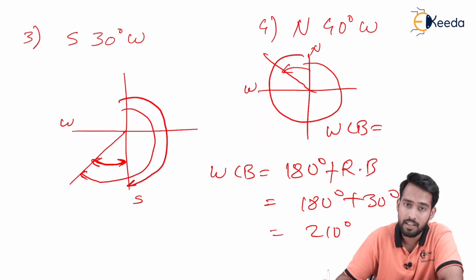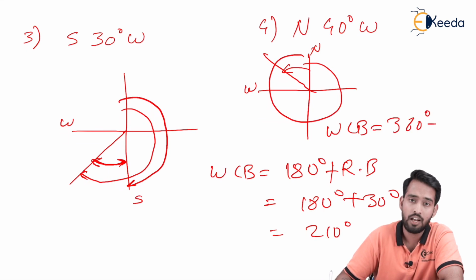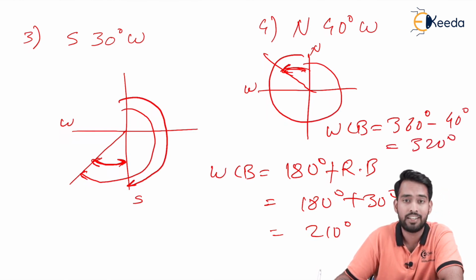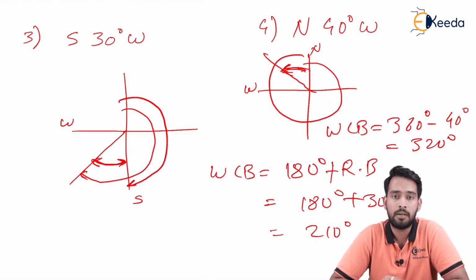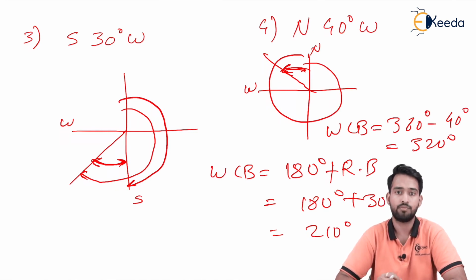As we know, the total bearing is 360 degree, and we have to subtract the bearing of northwest. The answer will be 320 degree. So depending upon the angles and the quadrant in which they are lying, we can easily convert WCB to RB. Likewise, we can convert RB to WCB. Thank you.